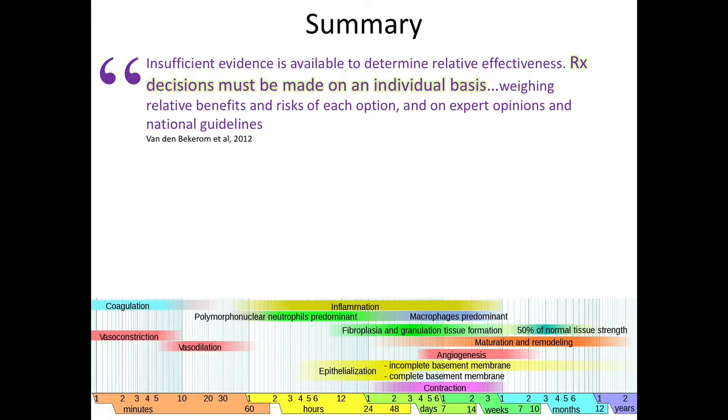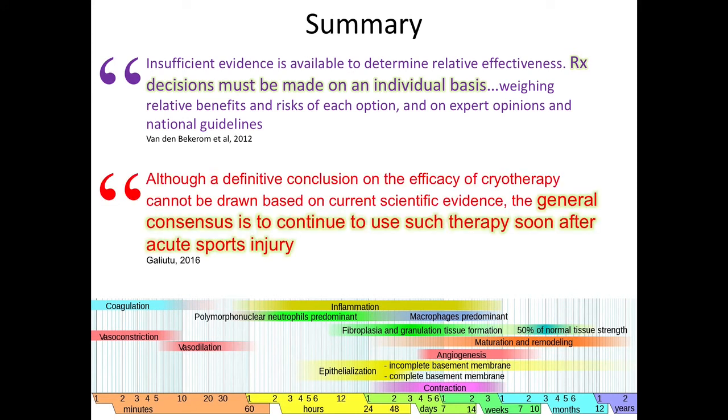So, to summarise, there's insufficient evidence to determine the relative effectiveness of ice, but treatment decisions must be made on an individual basis. Although a definitive conclusion on the efficacy of cryotherapy cannot be drawn, the general consensus is to continue to use it in the acute sports injury phase, during this inflammatory phase.